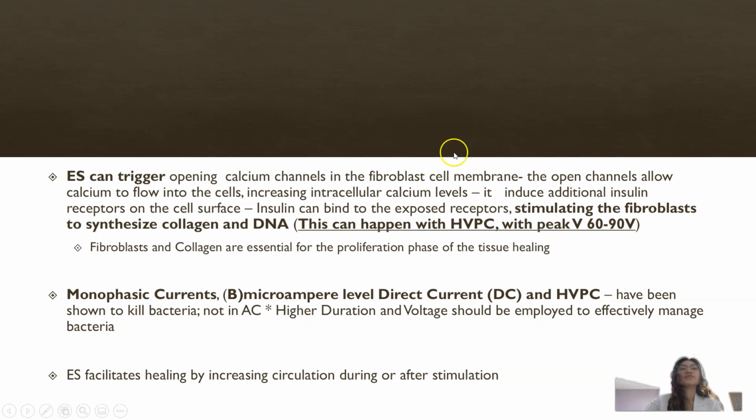Okay. So sabi dito, fibroblast and collagen are essential for the proliferation phase of the tissue healing. So sa mga girls, talagang pag nabanggit yung collagen, maisip agad natin skincare. Kasi kung makikita ninyo, even sa skincare, may mga sinasabi sila na eto, collagen. Okay? So that is applying science in here, kapag nagsi-skincare kayo.